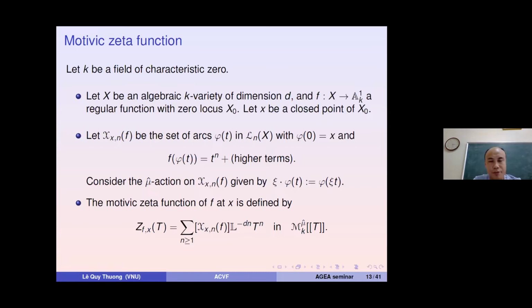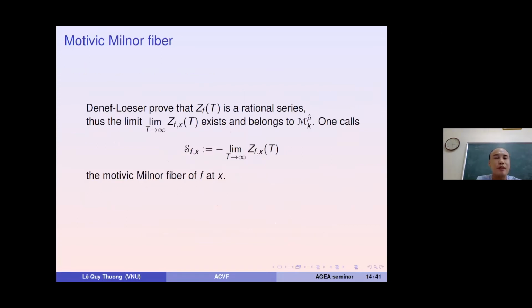This is a formal power series where the coefficient of t to the power n is the class of X_n,f times L to the minus dn, and the coefficient of t to the power n is nothing but the motivic measure of this contact locus.